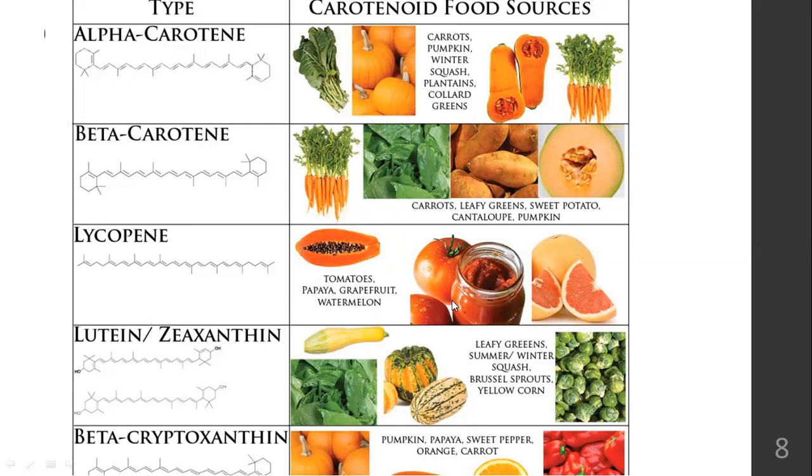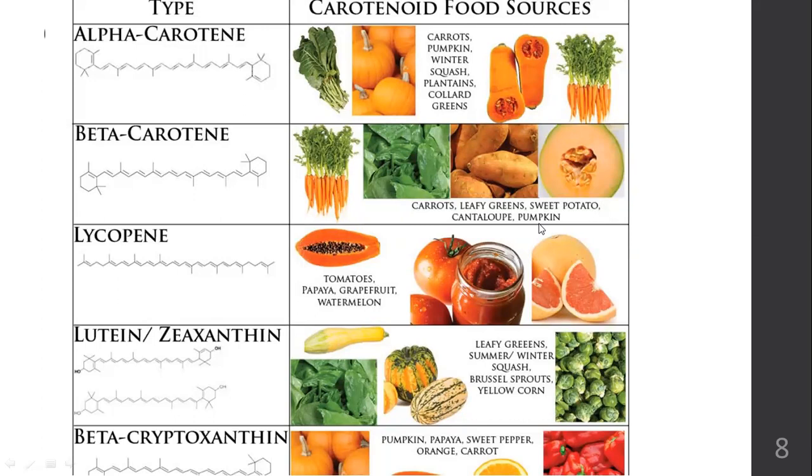These are the different names of different types of carotenoids. Beta carotene is the most common one and the best absorbed one in the human body. Okay. Beta carotene comes from carrots, leafy greens, sweet potato, cantaloupe. Cantaloupe is muskmelon. Okay. Pumpkin. These all are red, yellow, orange colored fruits and vegetables.